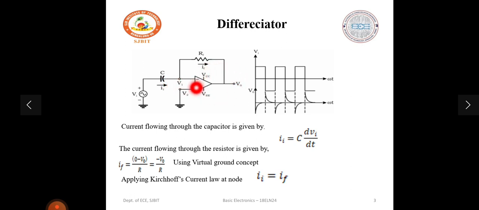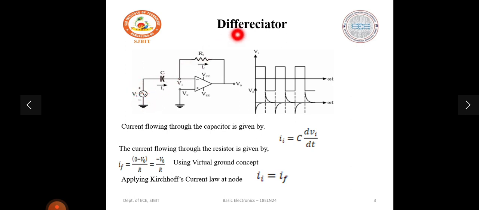Now when we look into the circuit of the differentiator, we have an operational amplifier. To the inverting input, we connect a capacitor instead of a resistor, and we connect the input.